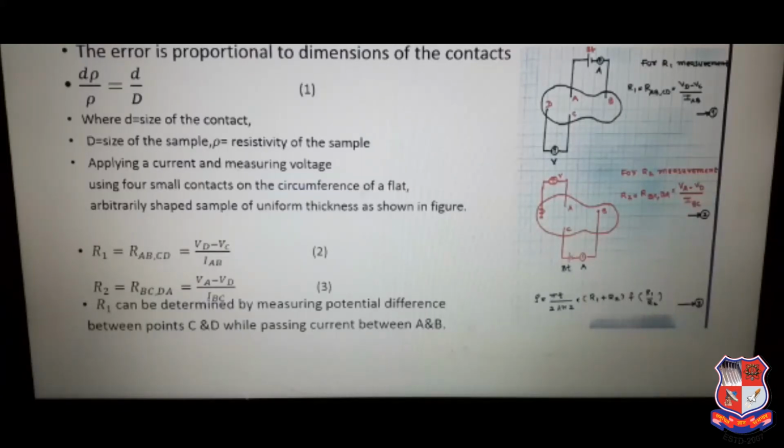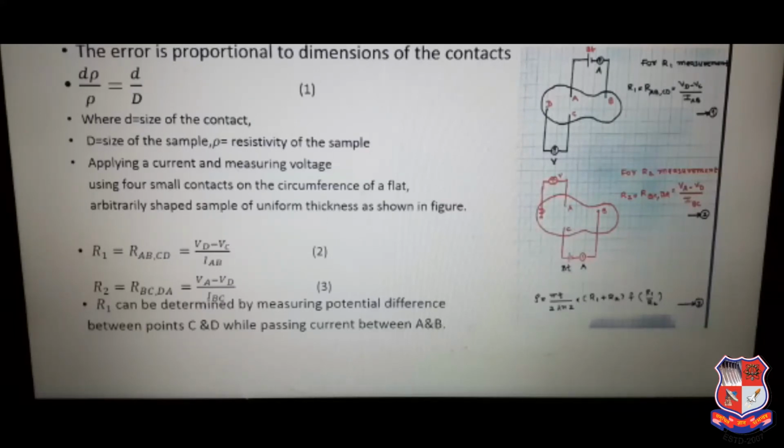While you measure the resistivity, an error will be introduced, and this error is proportional to the dimension of these contacts. This can be shown by the equation d rho by rho is equal to d by D, where the small d is the size of the contact, capital D is the size of the sample, and rho is the resistivity of the sample.